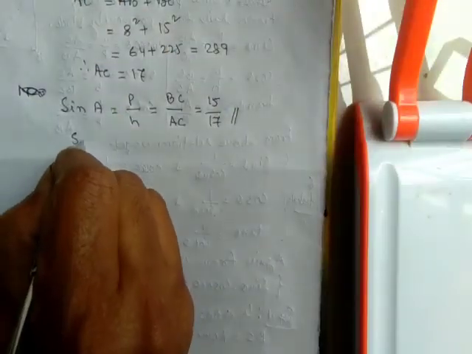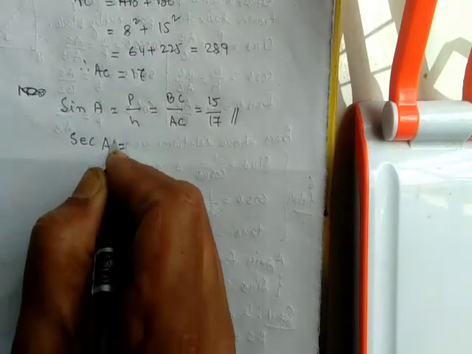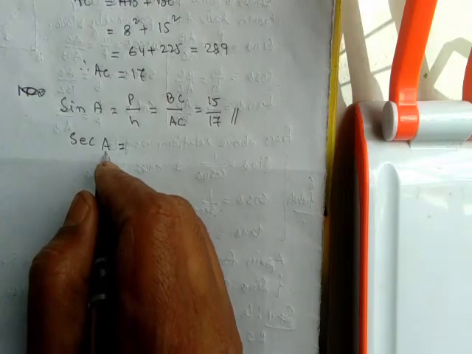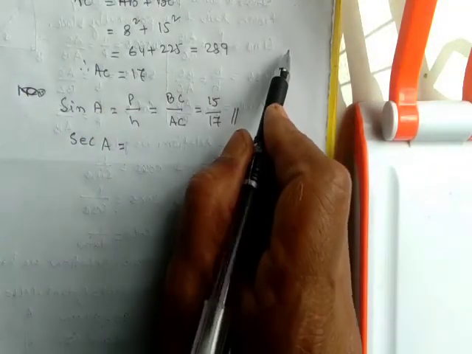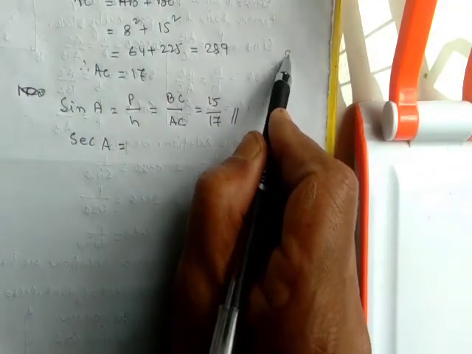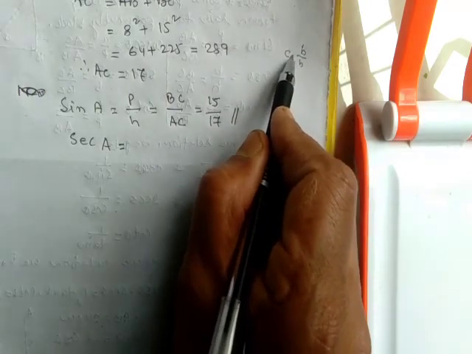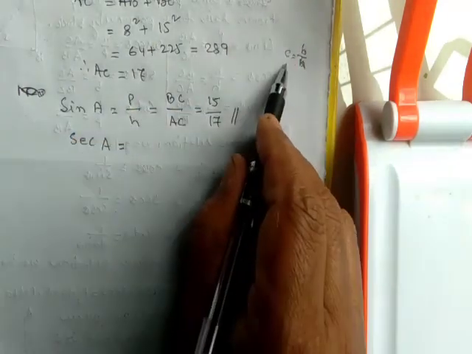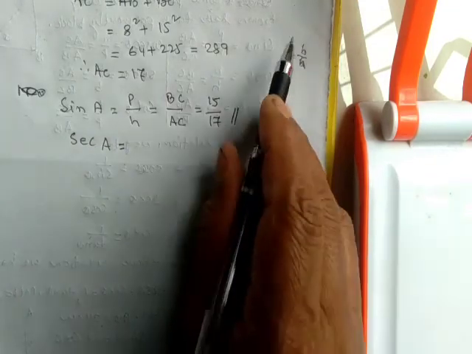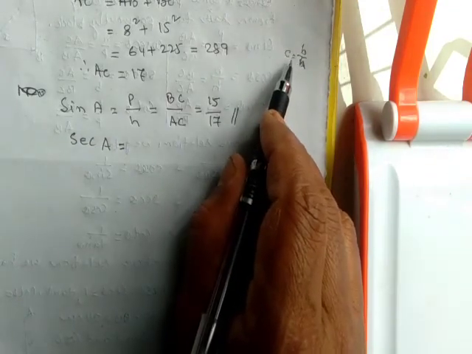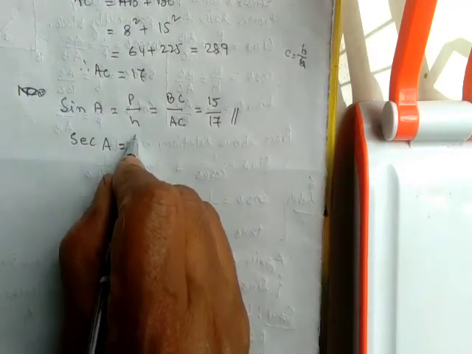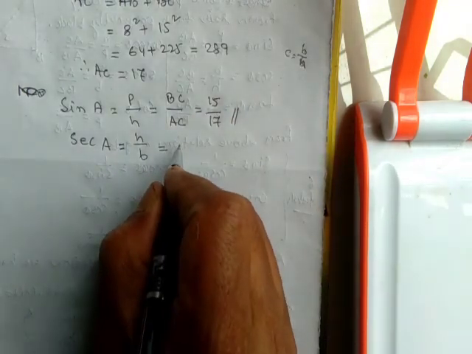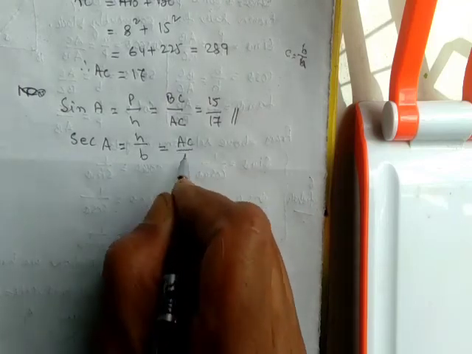Next, they are saying sec A. Sec is the reciprocal of cos. Cos is equal to base by hypotenuse. Then its reciprocal, sec, is equal to H by B. H means the hypotenuse, AC.